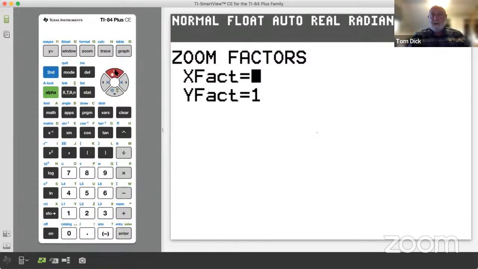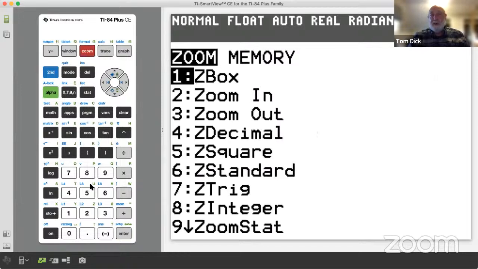And just while we're here, I'm going to increase the x factor up to 10. Okay. So what does this look like? Well, I'm going to go to zoom, and I'm going to do a zoom out, because we're interested in the end behavior as we go out further and further from the origin.